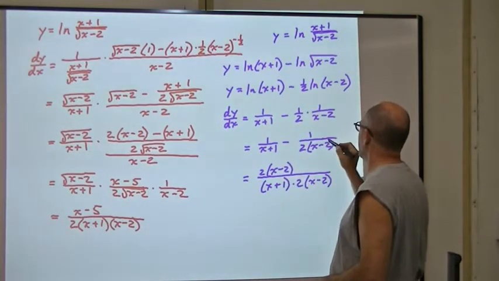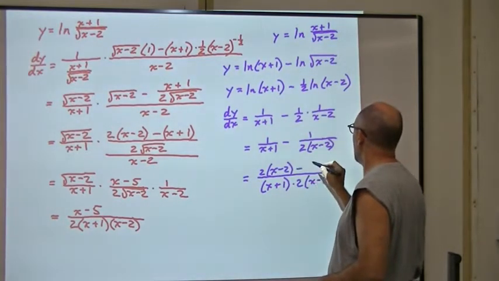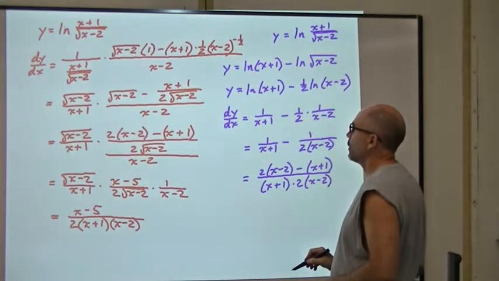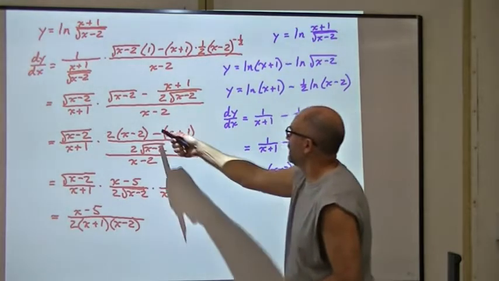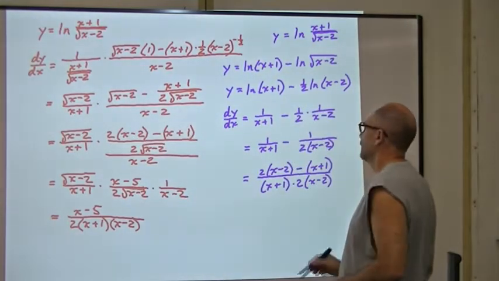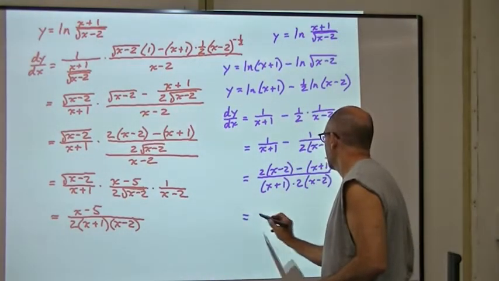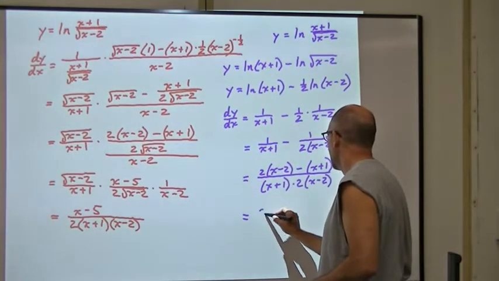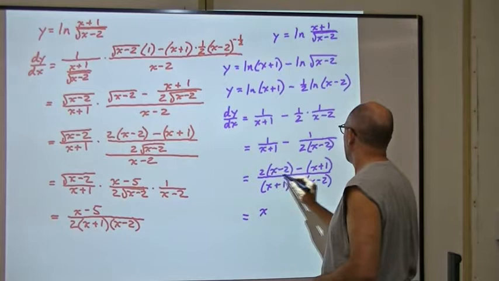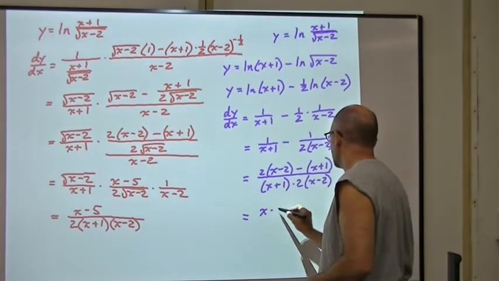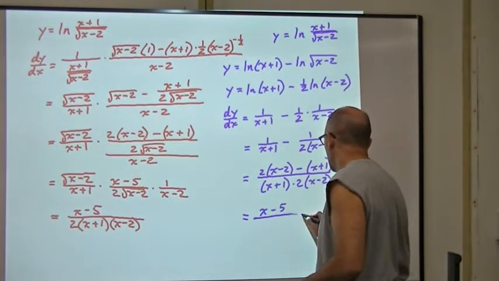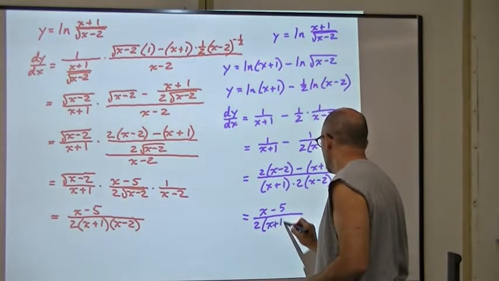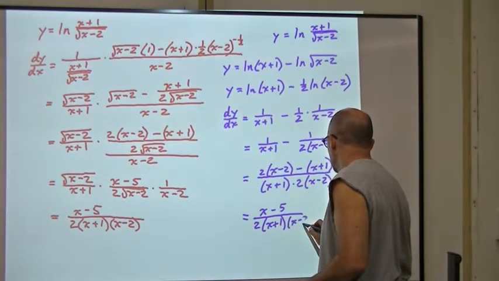What did I multiply the second fraction by? x plus 1. And there we are with this exact thing right here. So this ends up equaling 2x minus x is just x, minus 4 minus 1 is going to be minus 5, all over 2 times x plus 1 times x minus 2.